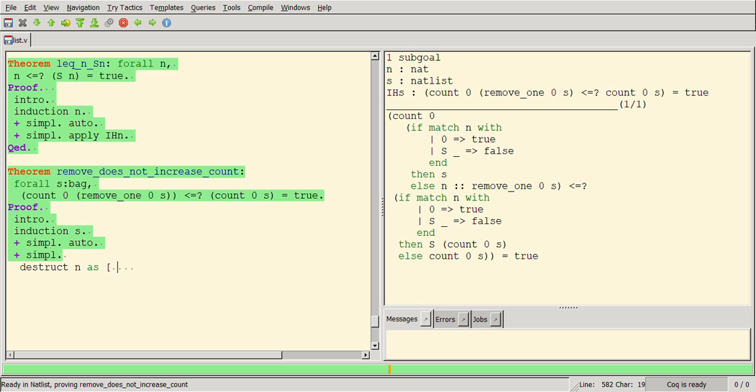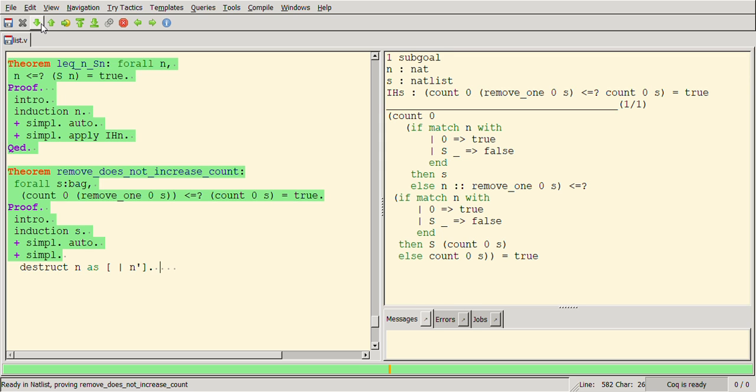In the first subgoal there is no new variable because n is replaced with 0. While in the second subgoal n is replaced with successor followed by something, and let me call that something n prime. Okay, so let me compile this.